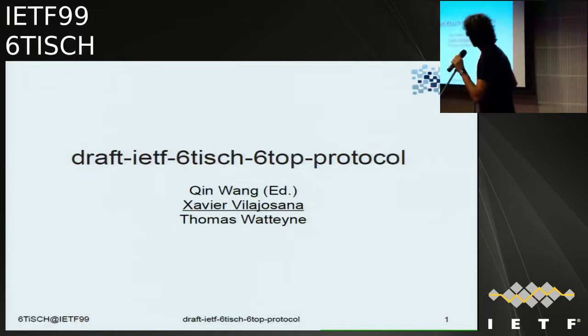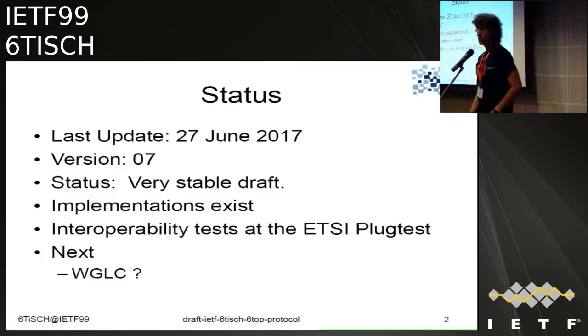Okay, hi everybody. I'm presenting an update of the 6top protocol. We are in version 7. The last update was on the 27th of June. This draft is pretty stable. There are several completely independent implementations supported in vendor platforms and also in open source platforms.